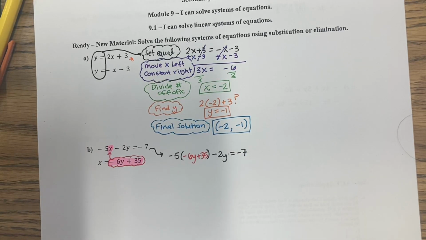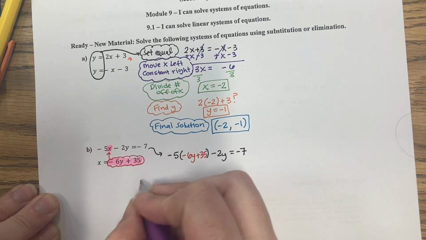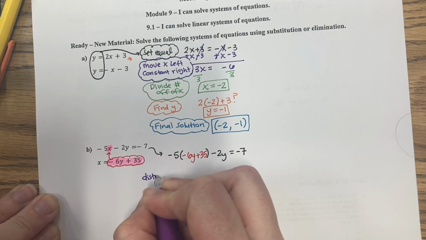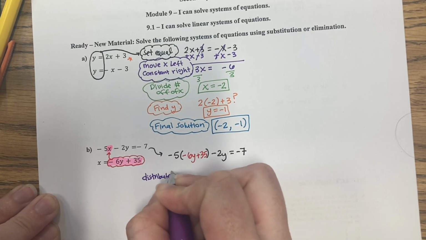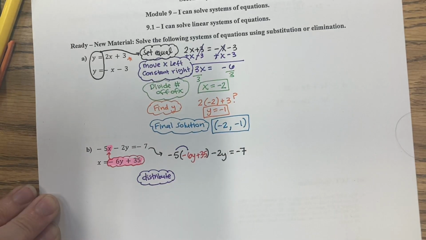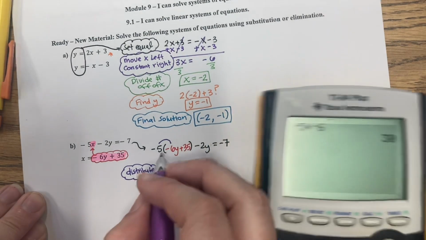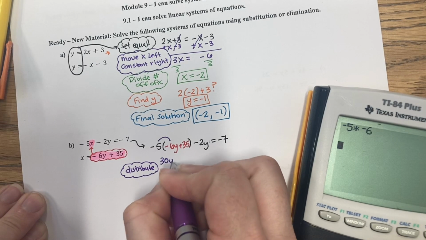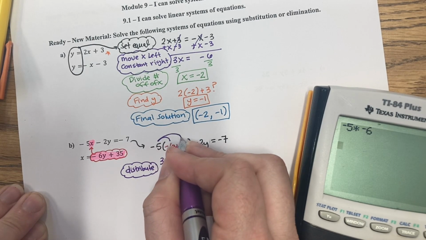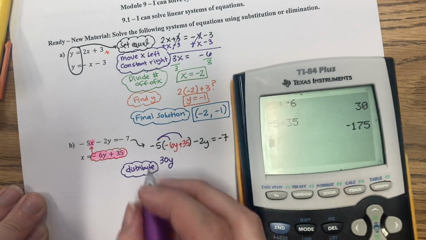We then can distribute, which means to multiply. Negative 5 times negative 6, which makes positive 30, with a y. Then I have negative 5 multiplied by a 35, which gives me negative 175.